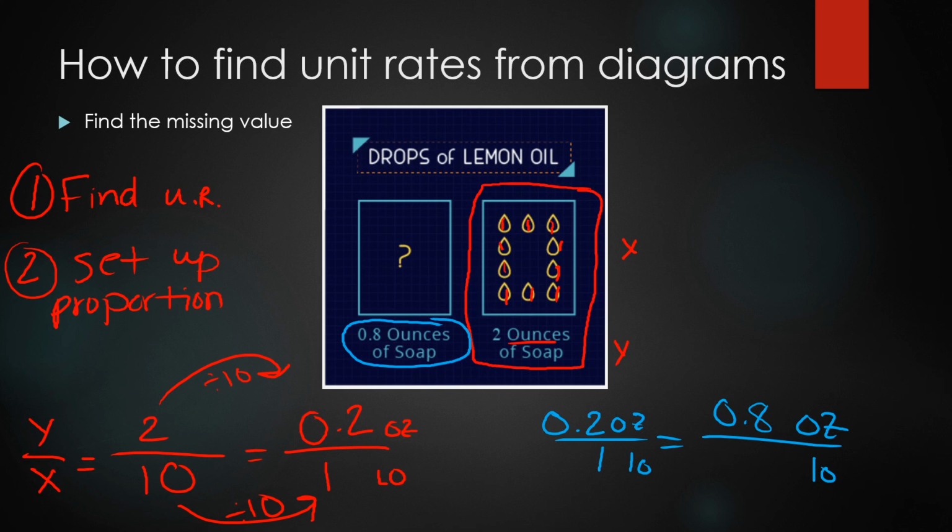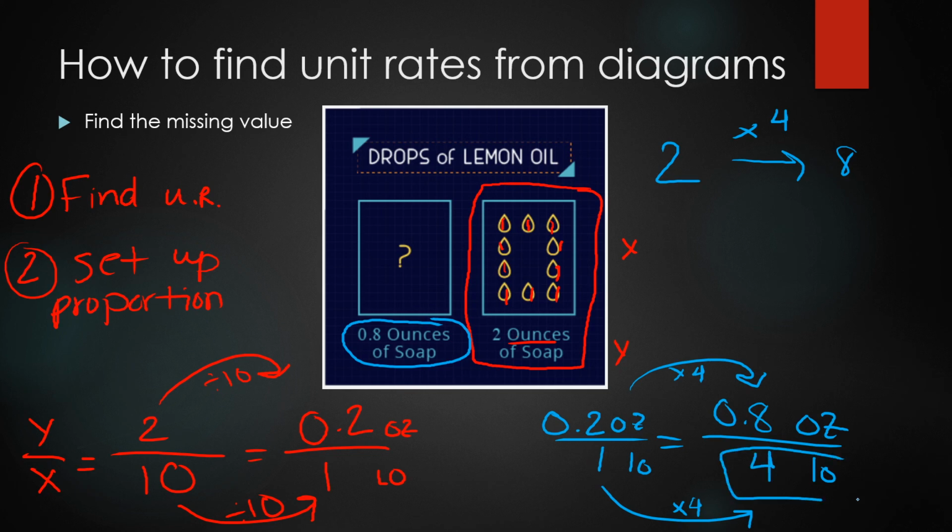Forget the decimals and think you were just going from 2 to 8. 2 times 4 would give me 8. So let's times 4 on the top, and anything you do to the top, you need to do to the bottom as well. Same thing with our division. So 1 times 4 is going to give me 4, which means that you are going to use 4 drops of lemon oil to make 0.8 ounces of soap.